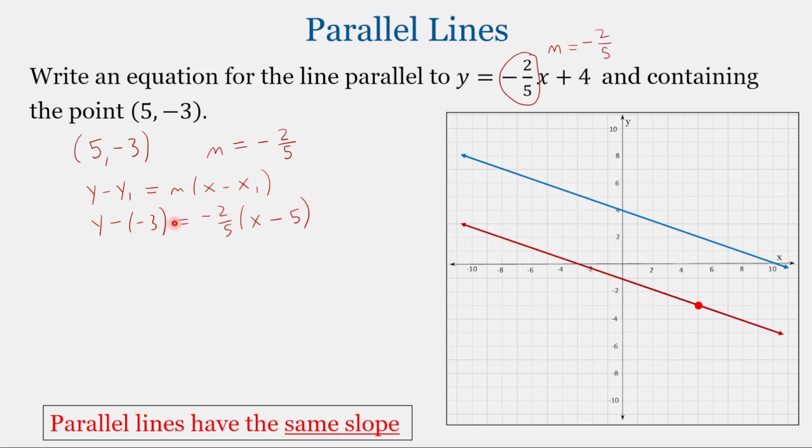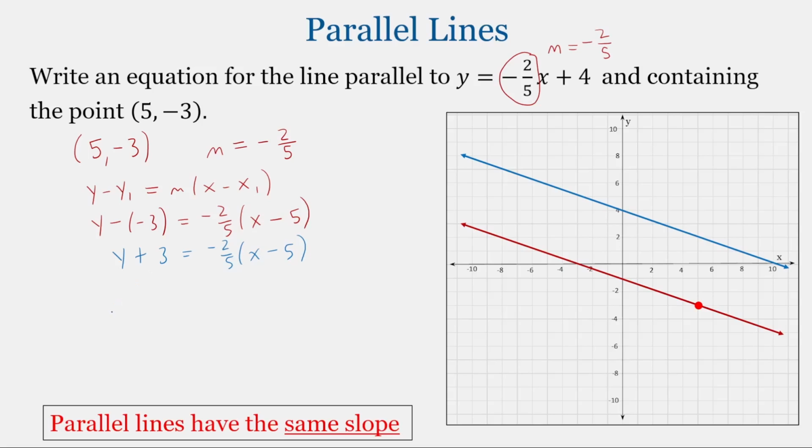Let's go ahead and rewrite this in slope-intercept form because the original equation was in slope-intercept form. So y minus a negative 3, we're going to rewrite as y + 3 = -2/5 (x - 5).